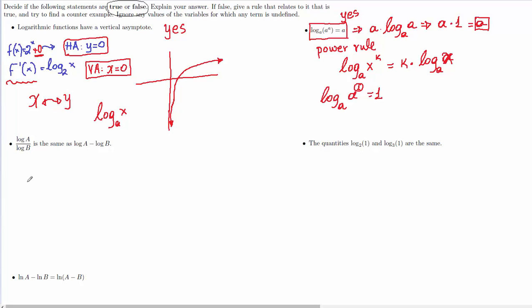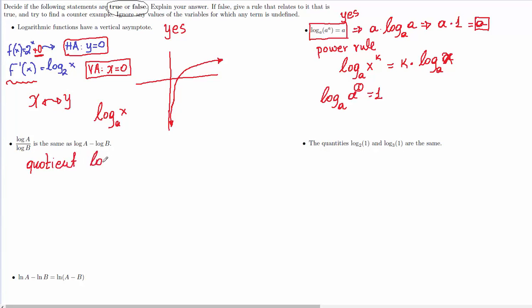Now, the next question that we have right here is: log of a divided by log of b, is it the same as log of a minus log of b? Let me remind you the quotient rule. Well, the quotient rule tells us the following thing.